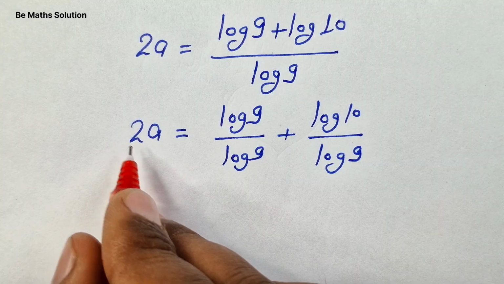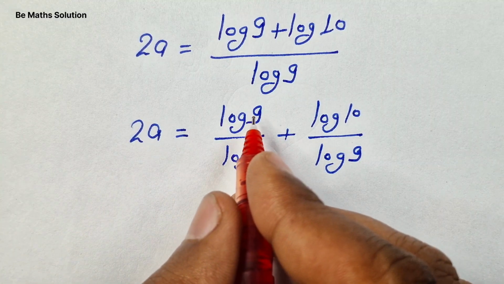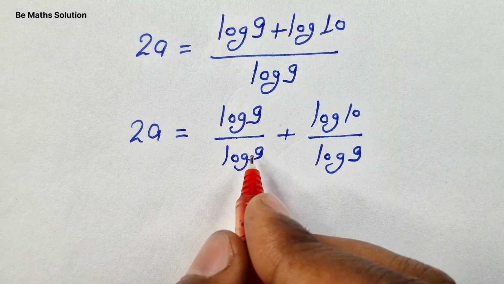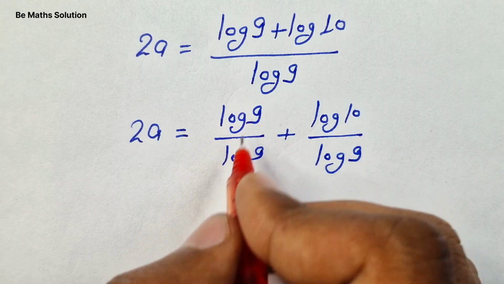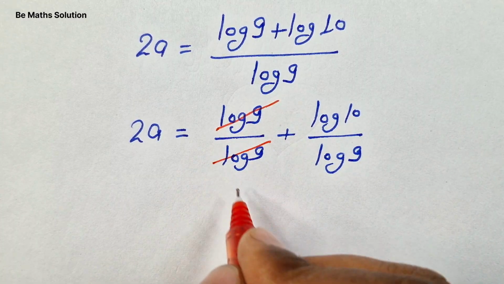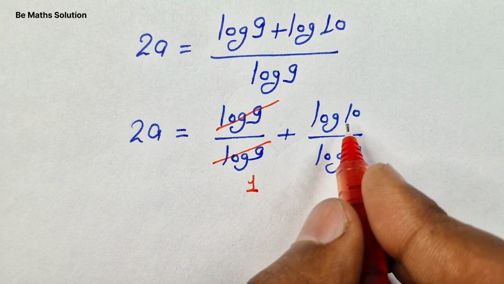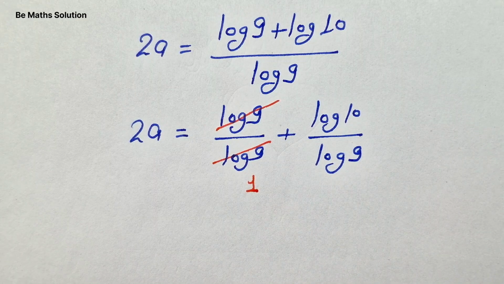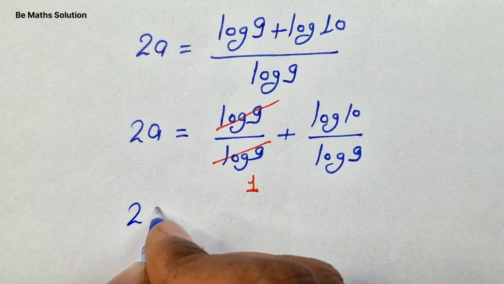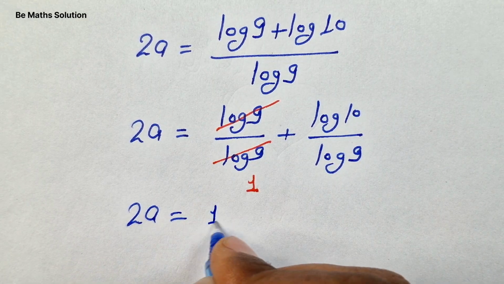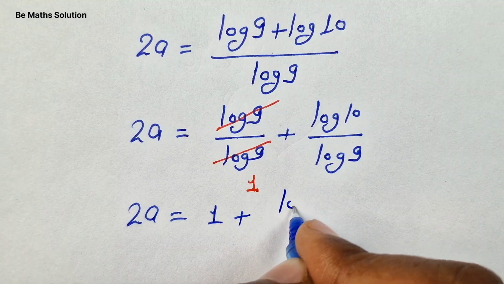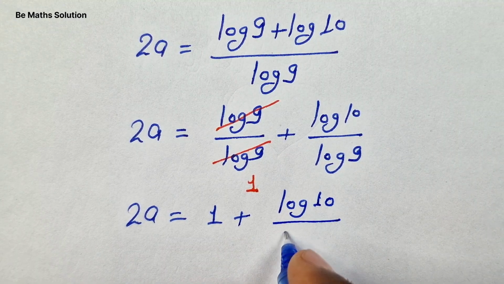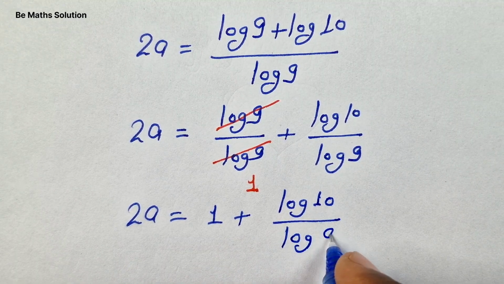Then log of 9 over log of 9 cancels, it is 1. So 2a is equal to 1 plus log of 10 over log of 9.